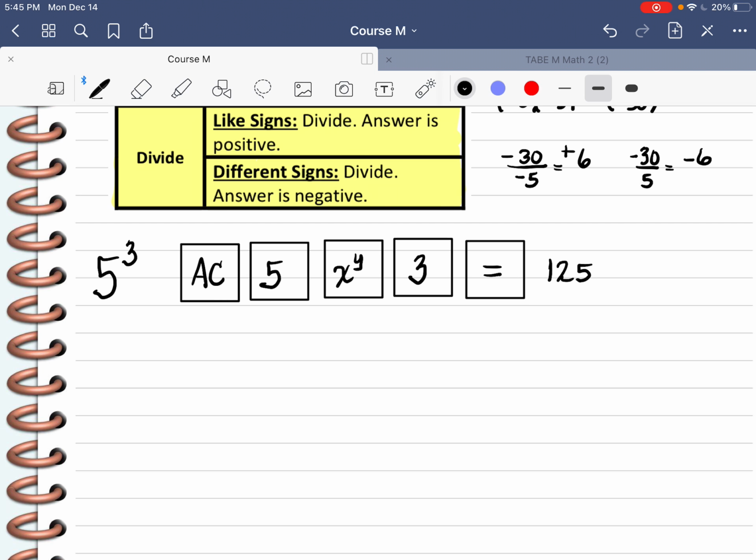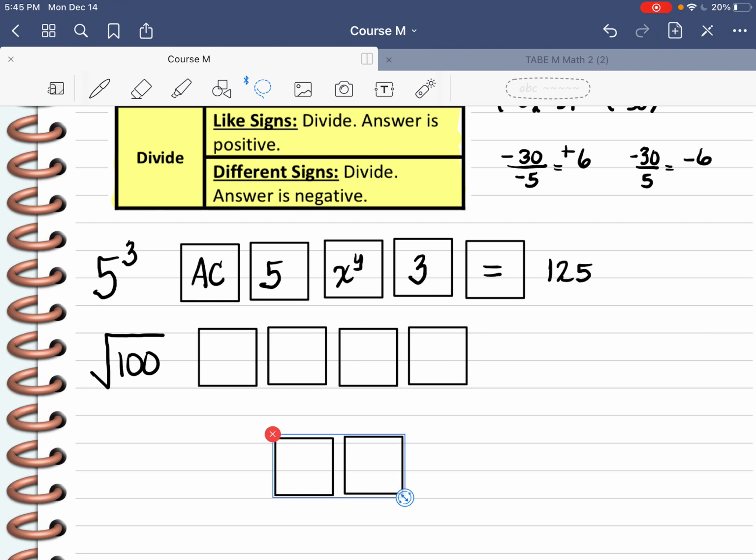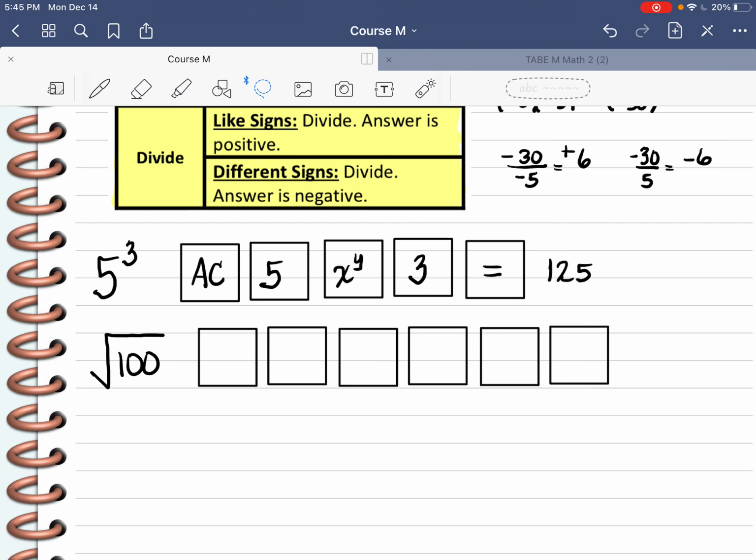To do a square root on your calculator, so if you want to take the square root of, let's say, 100, this is not as important right now, but it's going to be down the line. And again, I think I've got too many boxes, but let's see. So you would press all clear, put in the 100, press your shift key.